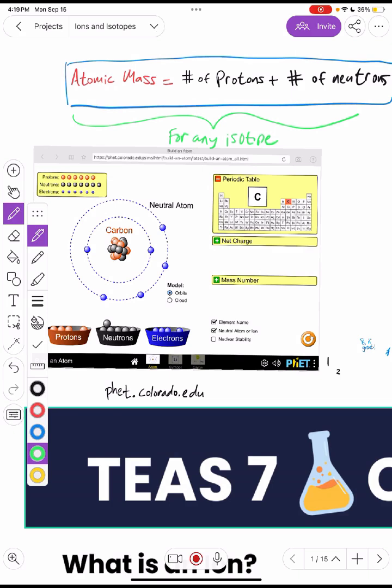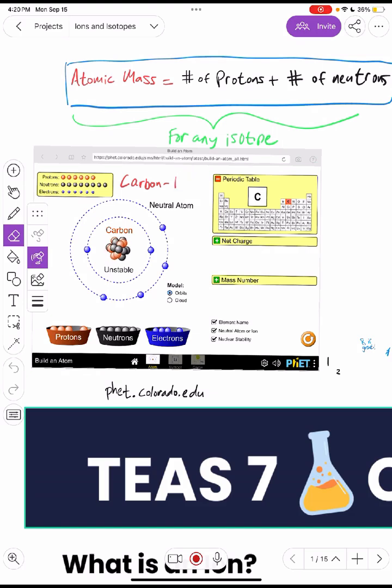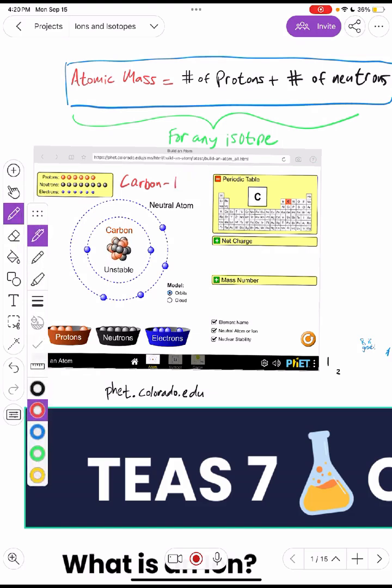So this, to come back to our example, is carbon-13 because it has an extra neutron. And there's also carbon-14 that exists. Carbon-14 is a good example of one that is not stable. So it's still carbon.